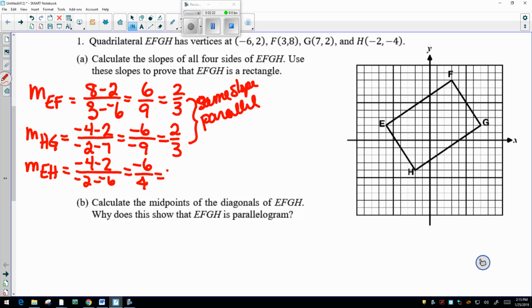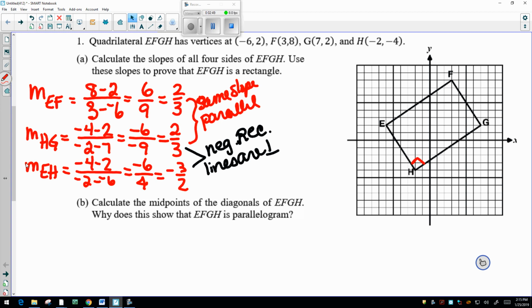And when we reduce that, we get -3/2. So just by looking at these two, I can see that these are negative reciprocal slopes, and that's telling us that our lines are perpendicular. Now, HG and EH, if I take a look at the picture, I can see perpendicular would give us a right angle right there.